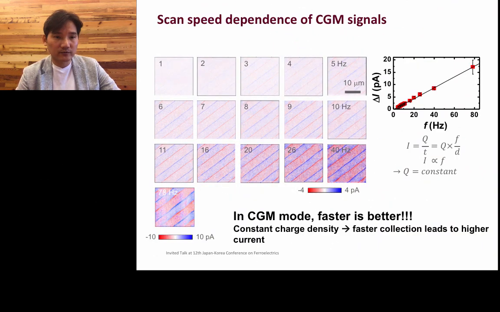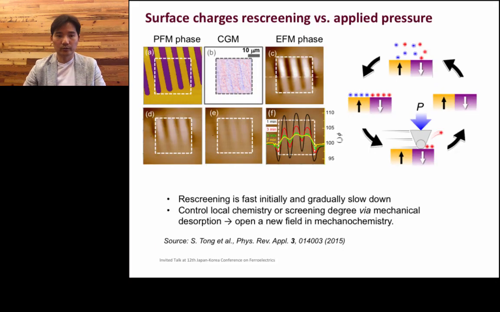Now, as a function of scanning speed, as you may expect, because you are scraping a fixed amount of charge, if you increase the frequency, the scan rate, the current will linearly scale with the frequency, as you can see in our images.